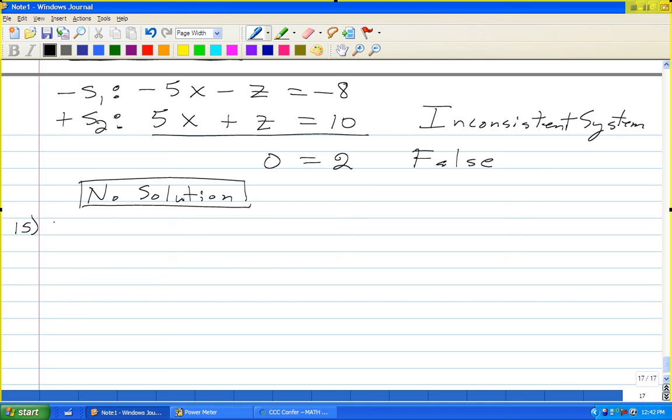And so R1, x plus y minus z equals 1. R2, 2x minus y plus 7z equals 2.